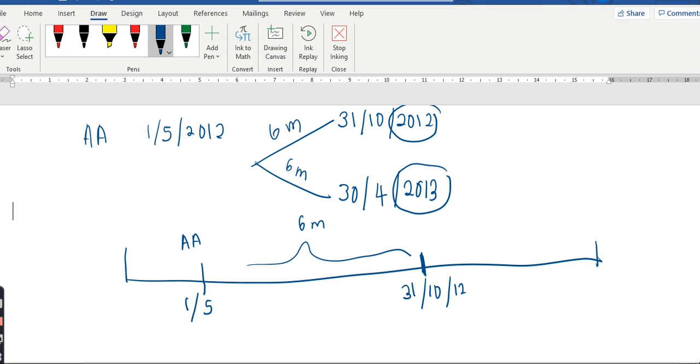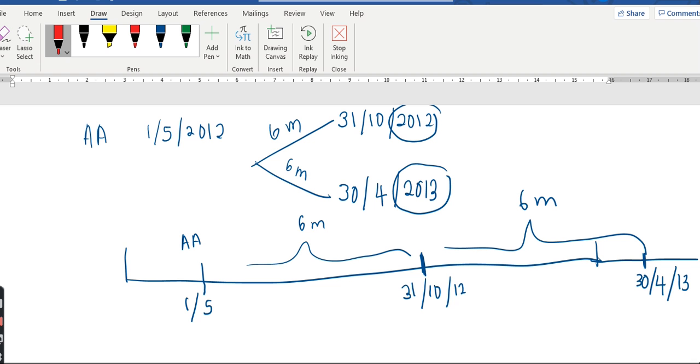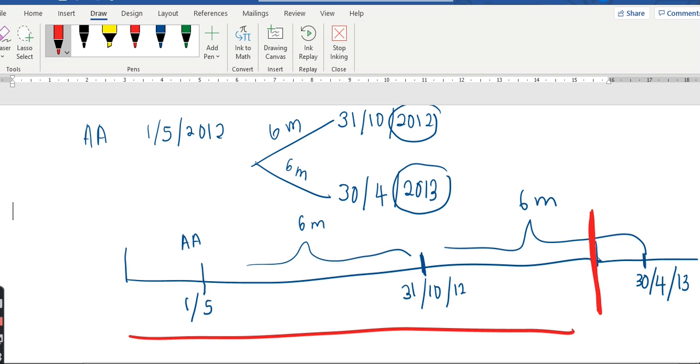And then you have another 6 months to pay the interest. Let's say here is the 30th of April 2013. But you must remember, here is the closing date for the accounting period. That means this is the 31st of December.